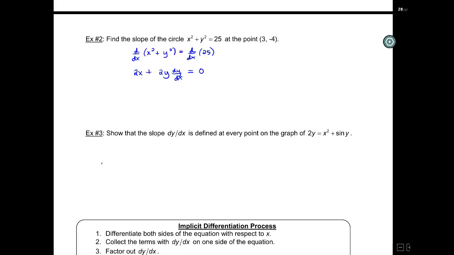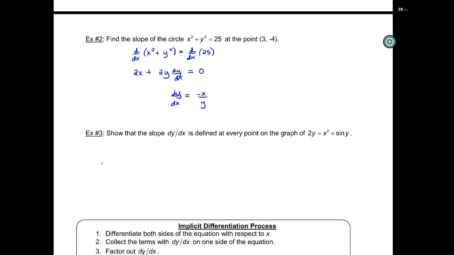Okay. Are we okay getting 0 on the right side? All right. So what do we notice? We get the same answer as we had on the previous page. So tell me, any kind of circle that has a center at (0, 0), won't that have a slope of negative x over y?